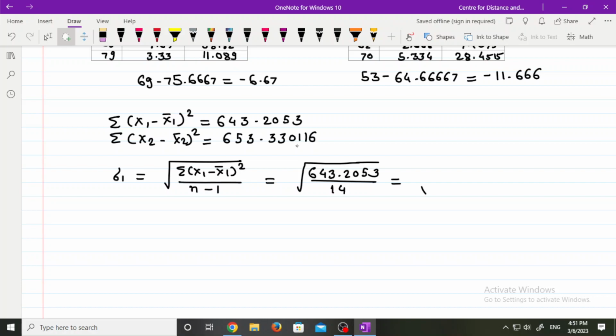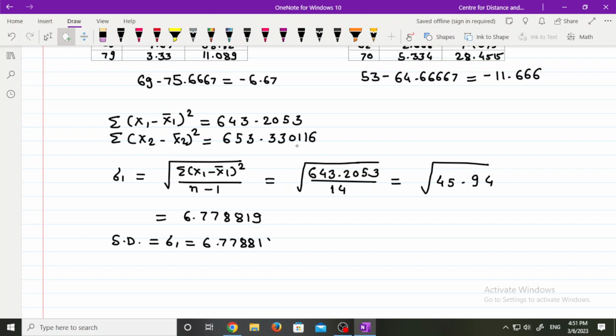When we divide 643.2053 by 14 we get 45.94, and the square root of 45.94 is 6.778819. That is the standard deviation, sigma 1, which is 6.778819.